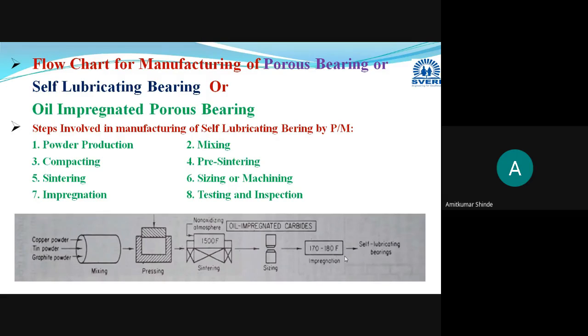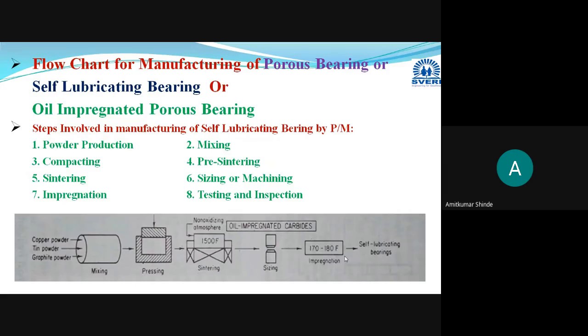Then it will provide you the required strength also. Due to pressing and sintering, a sufficient amount of strength will be there to carry the desired load. So sufficient porosity, 30 to 50%, to retain a sufficient amount of oil, then sufficient strength to carry the load.